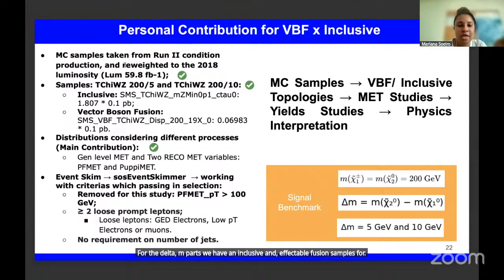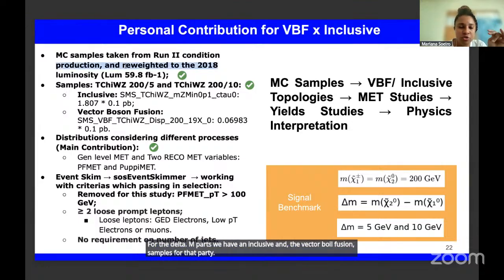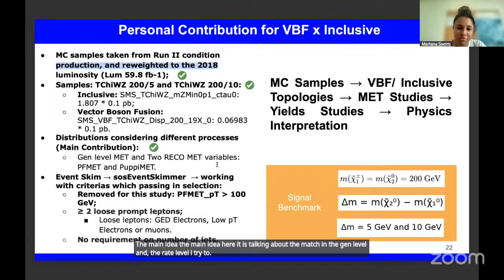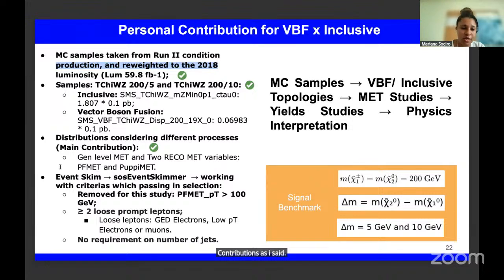It will be basically reweighted for 2018. The main idea here is talking about the MET at the gen level and the reco level, and trying to understand how to work with the PF MET and the PUPPI MET contributions.